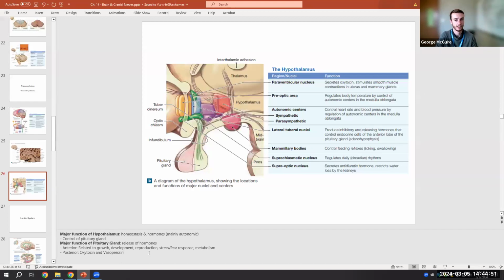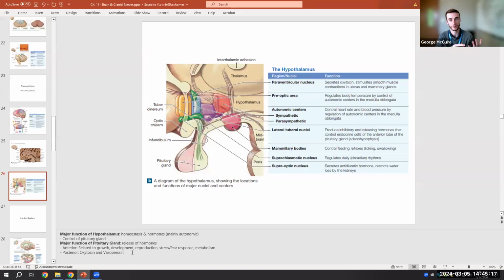So those are the major processes that are controlled or stimulated and inhibited through hormones from the pituitary gland, which again are going to be produced and released as a response to the hypothalamus. And then the posterior one produces oxytocin and vasopressin, which are both really important for pregnancy and development of a new baby, basically.